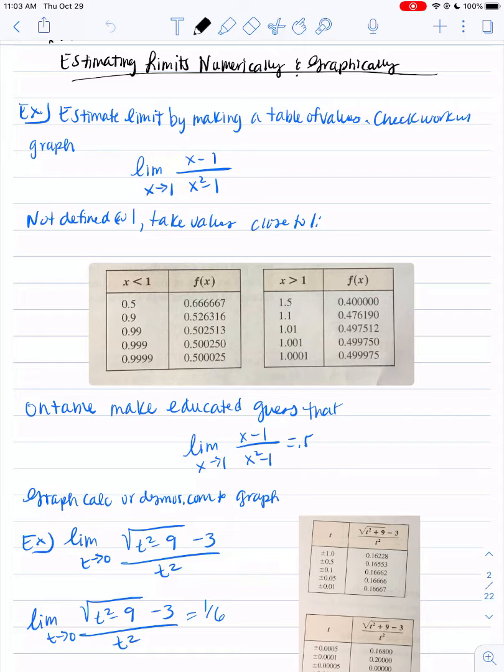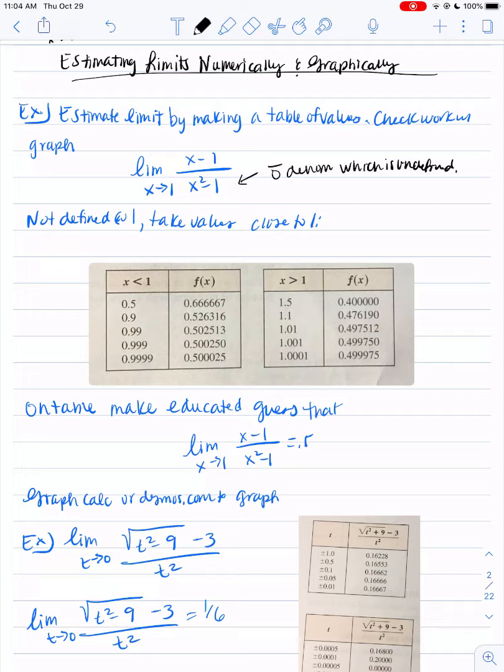We can see that this function is not defined at 1, because if we were to plug in 1 here, we would get a 0 in the denominator, which is undefined. But that's not what the limit's asking, so we're going to take values close to 1 to see how the function behaves near x equals 1.